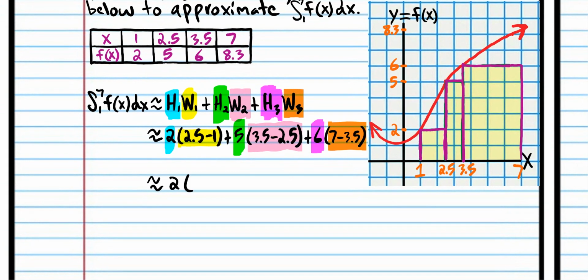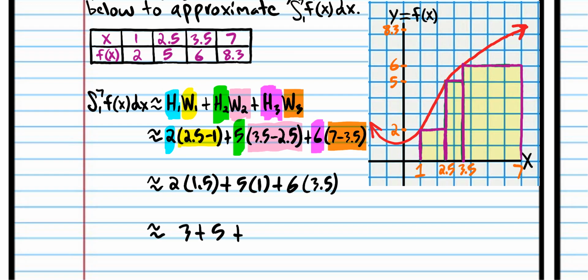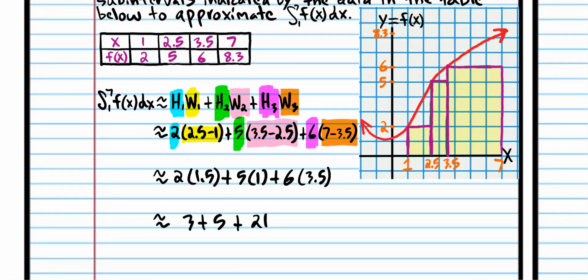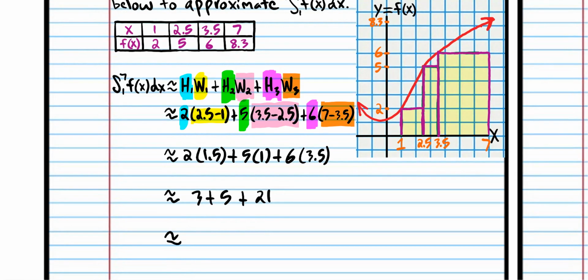So we have 2 times 1.5 plus 5 times 1 plus 6 times 3.5. So we have 3 plus 5 plus whatever 6 times 3.5 is, and that's going to be 21. So we end up with 29.